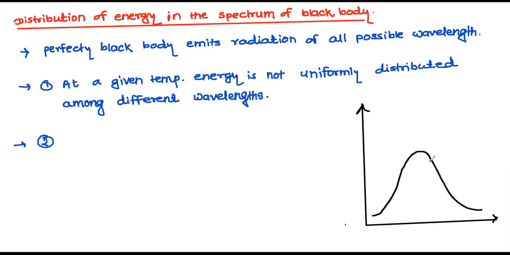Like this graph you will get, and this point is there. At this point, this is the maximum energy. This is the graph of energy versus lambda. So this is lambda maximum or energy maximum.